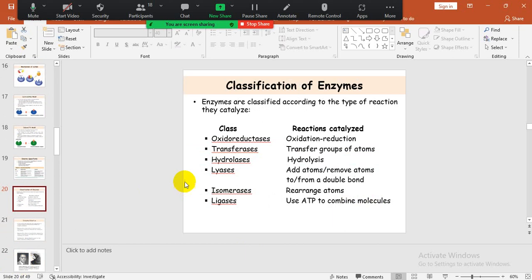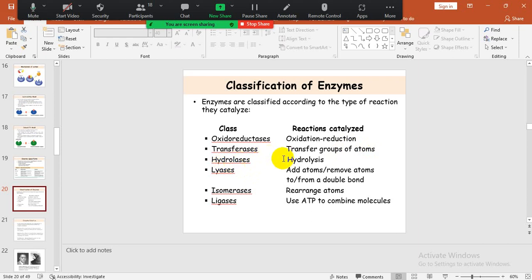So enzymes are classified into 6 groups. We have the oxidoreductases. The reactions that they catalyze are called oxidation reduction reactions. Transferases transfer groups of atoms from one substrate to another.